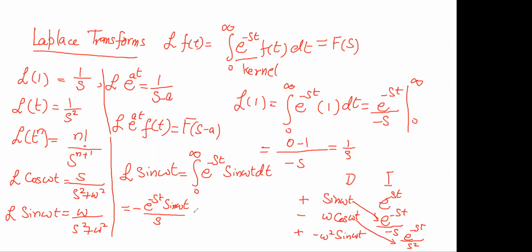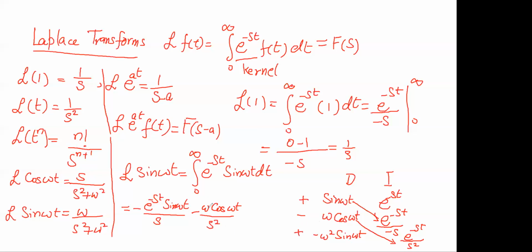So it will be a minus term. So it will be omega cosine of omega t over s square.